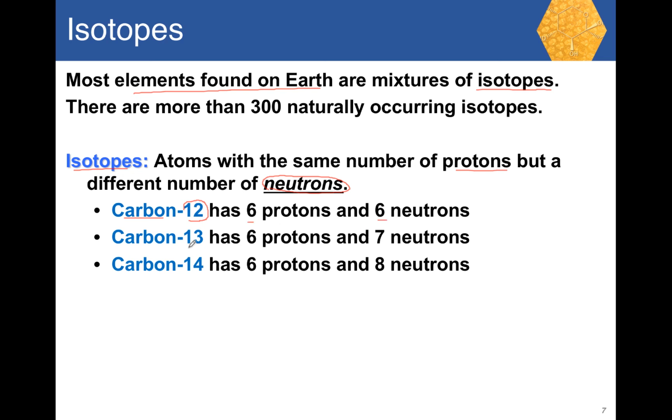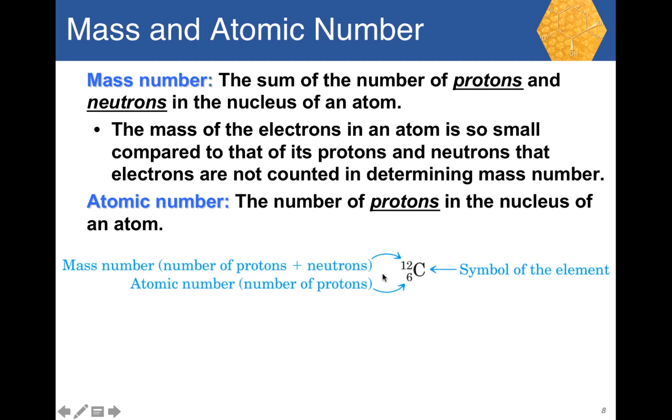It's also possible to have carbon 13, an isotope of carbon: same 6 protons but more neutrons. You can also have carbon 14, which has again the same 6 protons and 6 electrons, and now we have 8 neutrons. So these are called isotopes. Isotopes are atoms of an element on the periodic table that have the same number of protons but different numbers of neutrons.